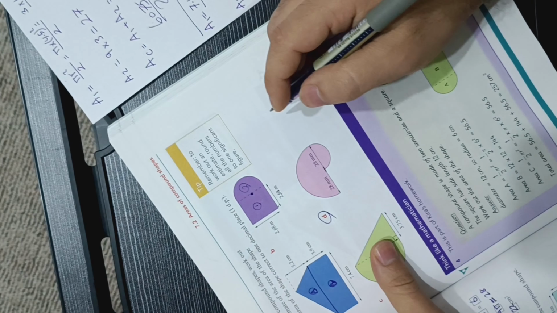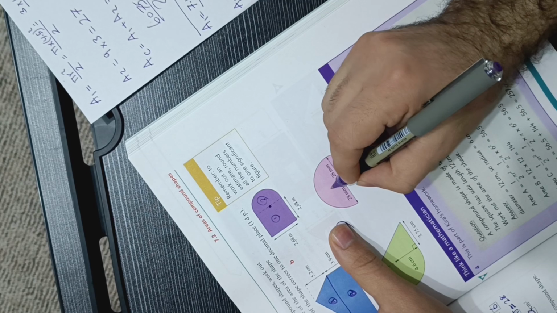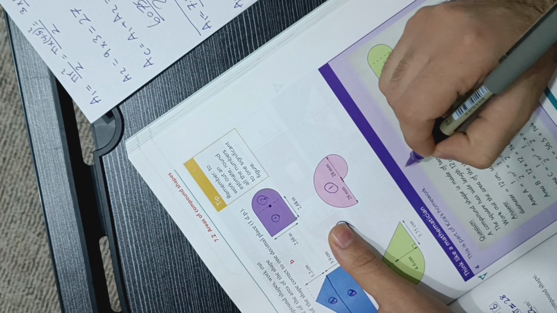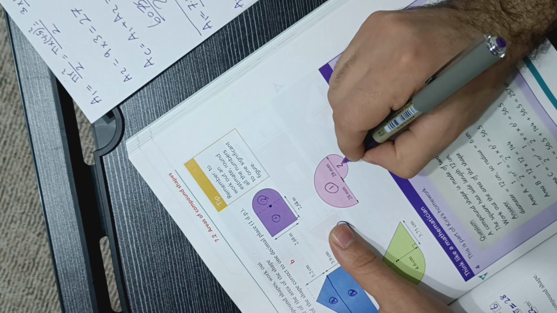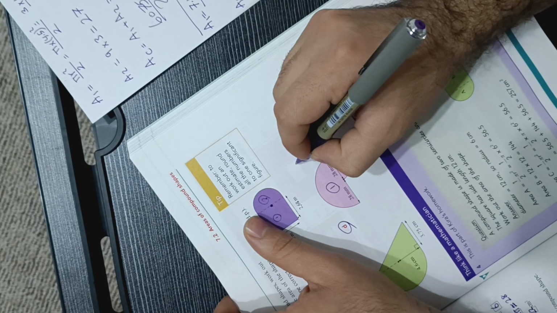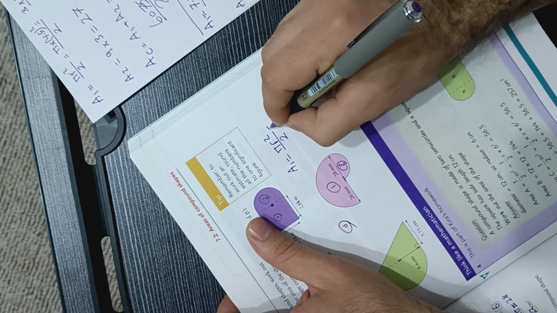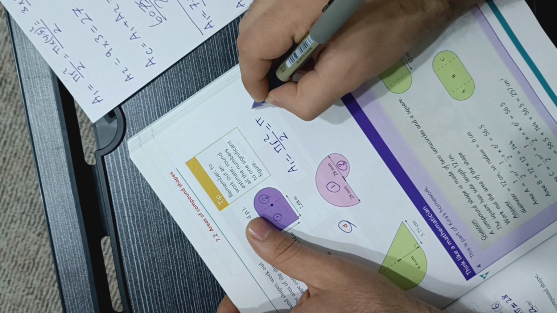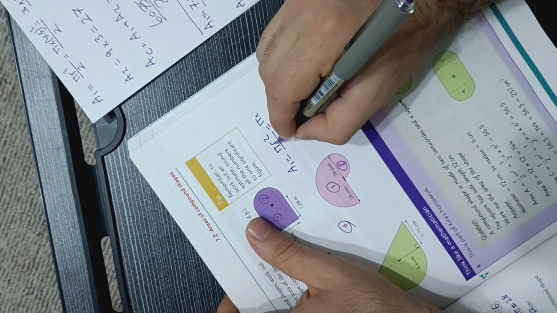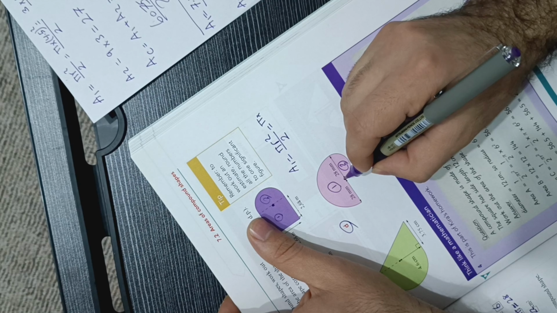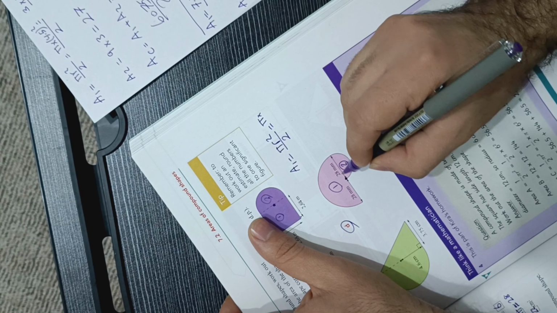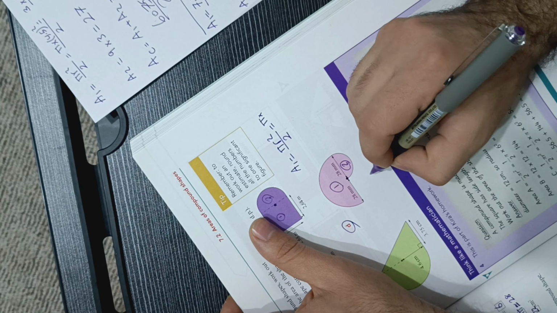Okay, for D, we have a big semicircle. So let's say shape 1 and shape 2. Shape 1 has area A1 equals pi r squared divided by 2. So pi, just keep it, multiplied by r. The r is 28, guys. From here to here it is 28, because we are in the bigger semicircle.